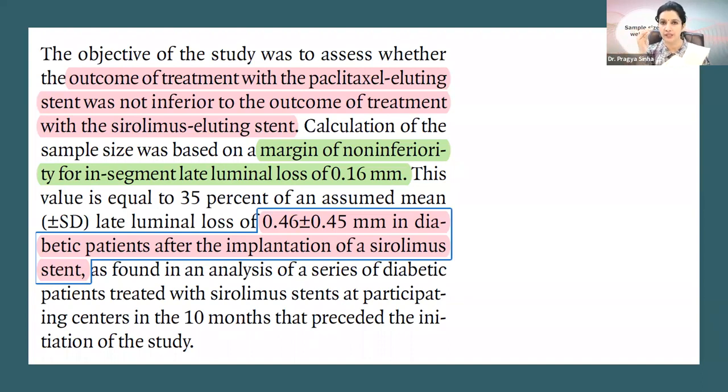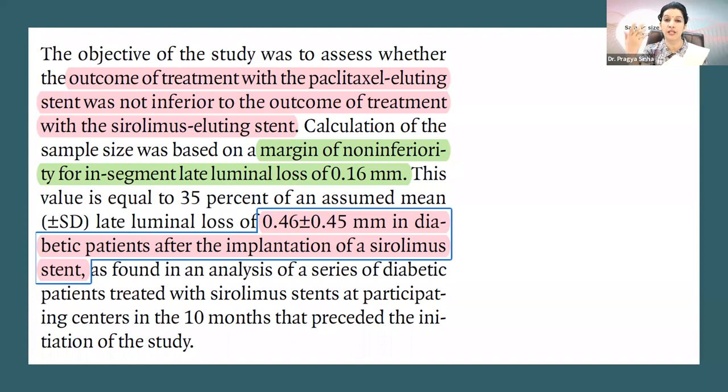Ideally there should be some level of improvement, but in general calculations in all the articles, I have seen that they keep this difference at 0. That means even if it is only as good, because if you increase this, then it will go to a superiority trial. If I say that the newer drug will be better than this, then only can I say that the luminal loss is less than 0.46.